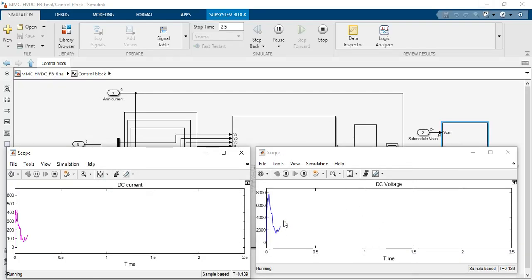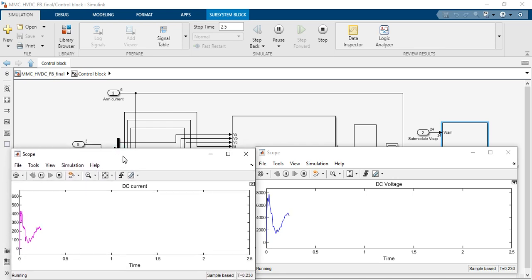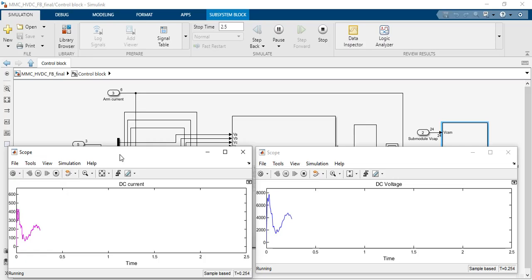This DC voltage will settle down around 3.6 kV, and this is the DC current which is flowing according to the load connected at the output. You can see that it is trying to settle around 3.6 kV or something, right?